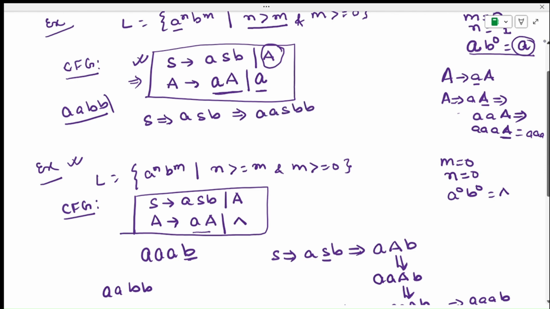Now we have two A's and two B's. I will replace this S with capital A. Now remember that this A can be replaced by either this value, small a capital A, or this terminal symbol a. So that will make sure the number of A's is more than the number of B's. So in this grammar, we cannot have equal numbers of A's and B's. I hope the examples are clear to all of you. Thank you so much for watching the video.